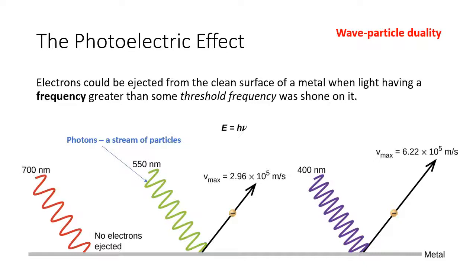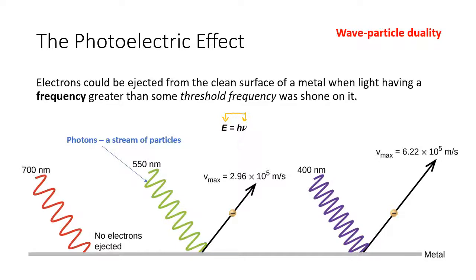Classical physics had believed that the energy of electromagnetic radiation was directly proportional to its intensity or brightness, which would correspond to the amplitude of the wave. Einstein showed through this experiment that the energy of a photon of electromagnetic radiation is actually proportional to the radiation's frequency instead. E equals hν, so we can see that energy and frequency are directly proportional to one another.